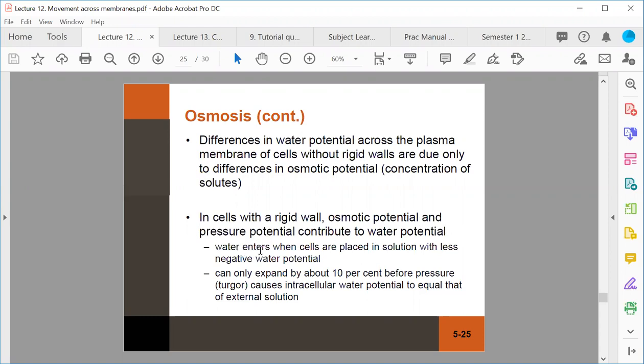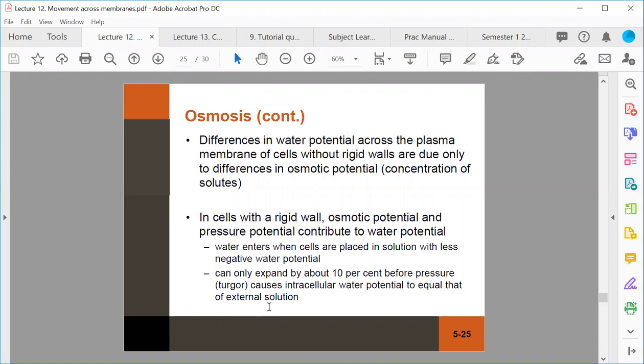So water will enter the cell when the cells are placed in solutions that have less negative water potential. But the cells can only expand by about 10% before that internal turgor pressure causes the water potential within the cell to equal the water potential of the external solution.